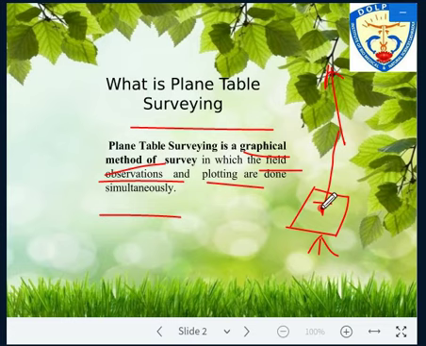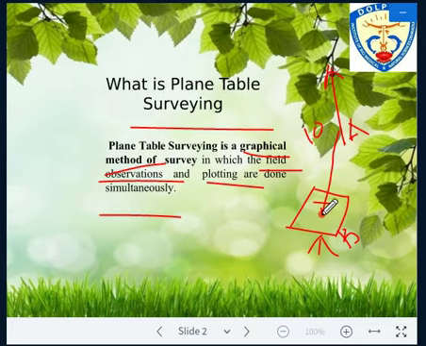Again let me remind you, for example, if it is station A and this is another station B, and from A to B you are locating, and the distance is for example 10 meters. So we are using any appropriate scale, maybe 1 centimeter representing 5 meters or 1 centimeter representing 10 meters, something like that has to be taken.